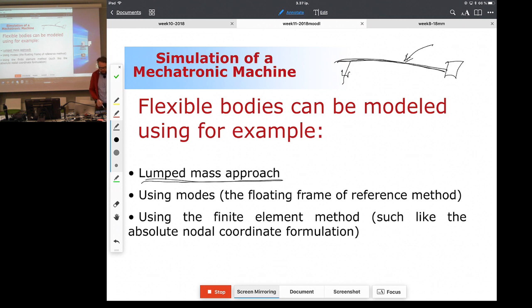Or you can use something based on the finite element method. It's a combination of the finite element method and multi-body dynamics, and that method is called the floating frame of reference formulation. It is the most often used way to describe flexibility.